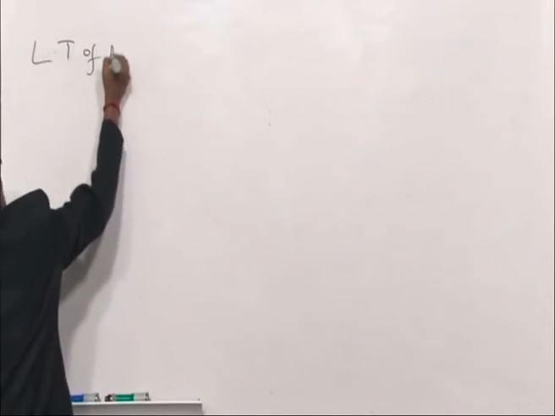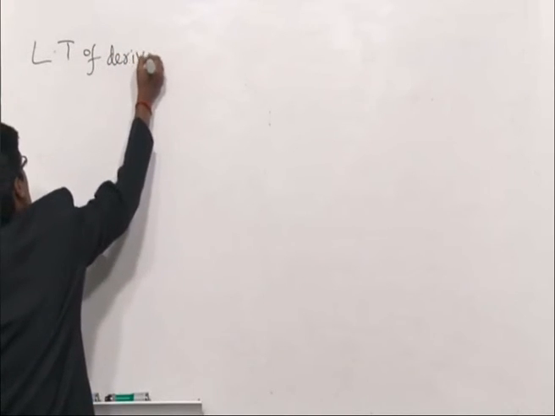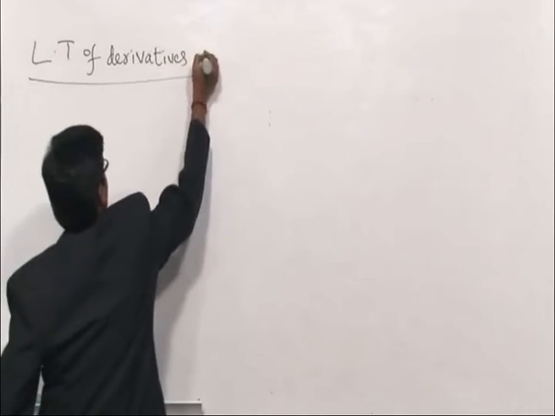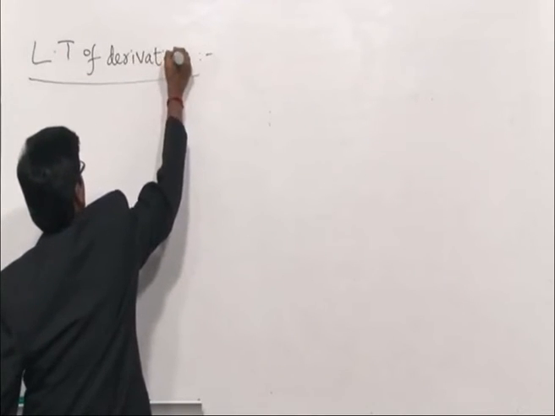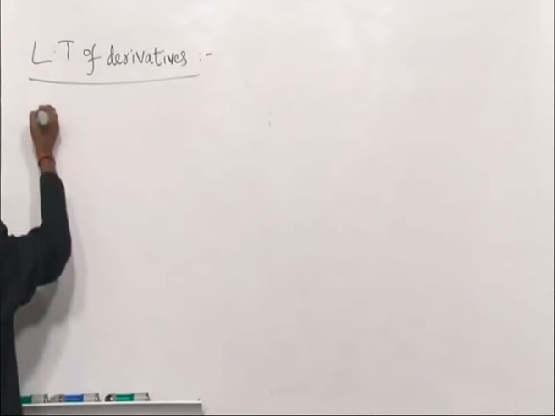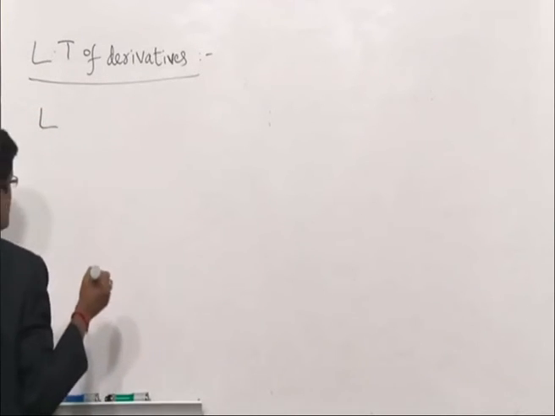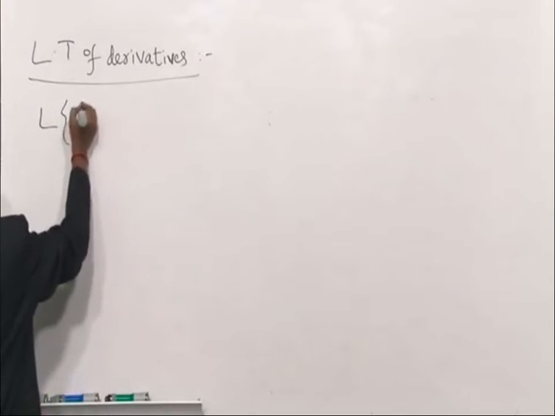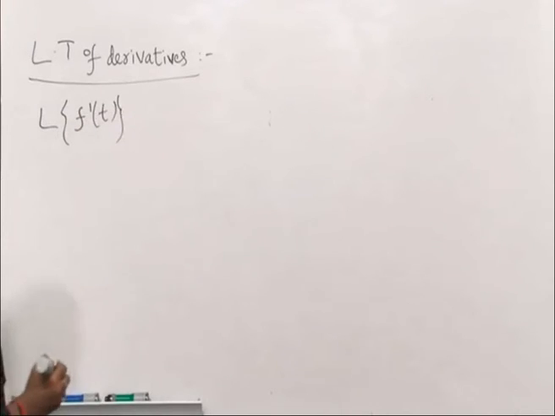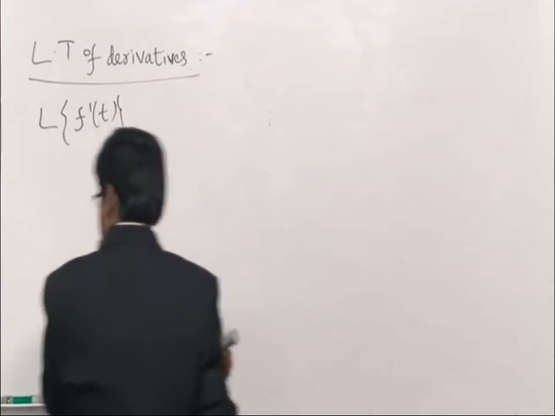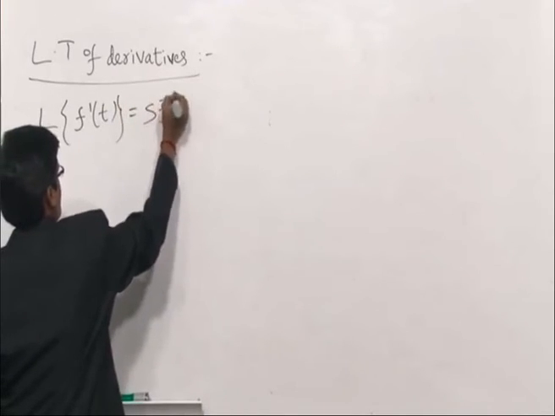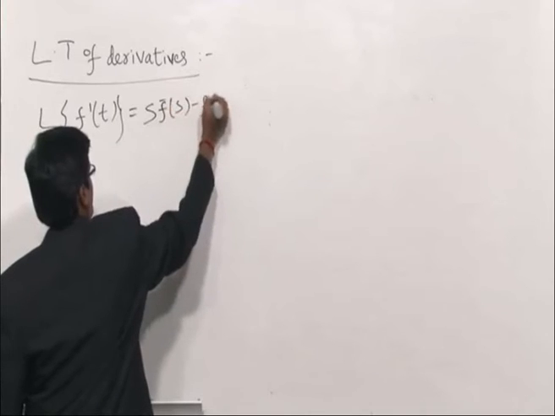Laplace transform of derivatives. LT stands for Laplace transform. Again, if L of f of t is equal to f bar s, then L of f dash t, where f of t is continuous and f dash t is piecewise continuous, is equal to s f bar s minus f of 0.